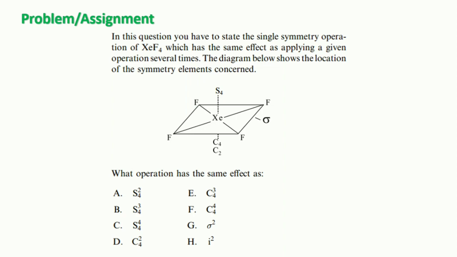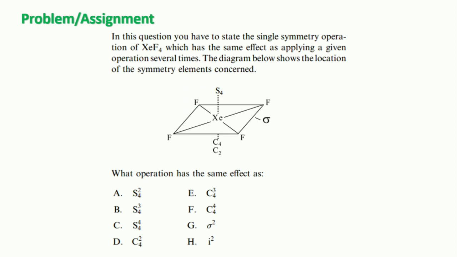What operation has the same effect as S4 twice, S4 thrice, S4 four times, and C4 twice, C4 thrice, C4 four times, sigma squared and i squared?